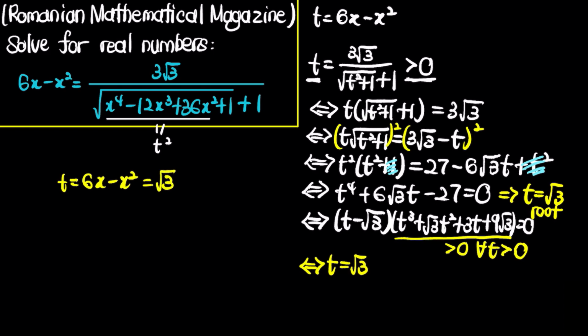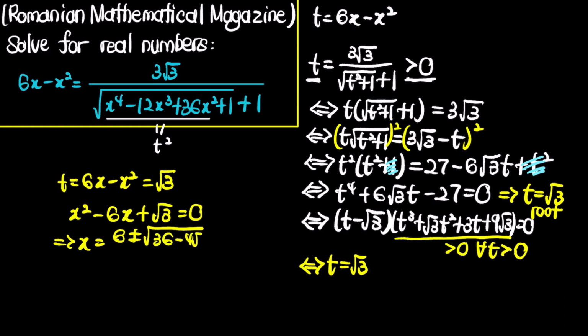And this is actually a quadratic equation in terms of x. So we have x squared minus 6x plus square root of 3 is equal to 0. And then by using the quadratic formula, x must be equal to 6 plus or minus the square root of 6 squared minus 4 times square root of 3, so 36 minus 4 square root of 3, over 2.